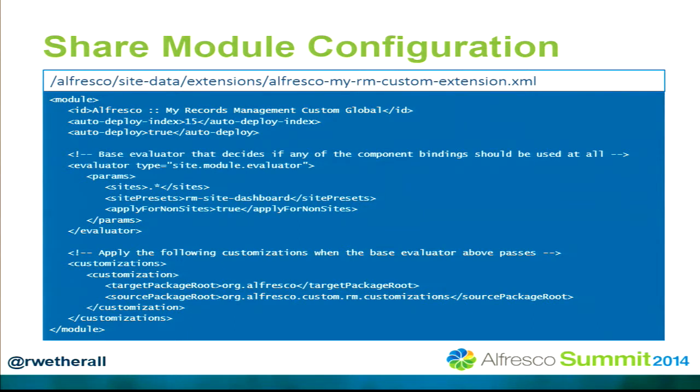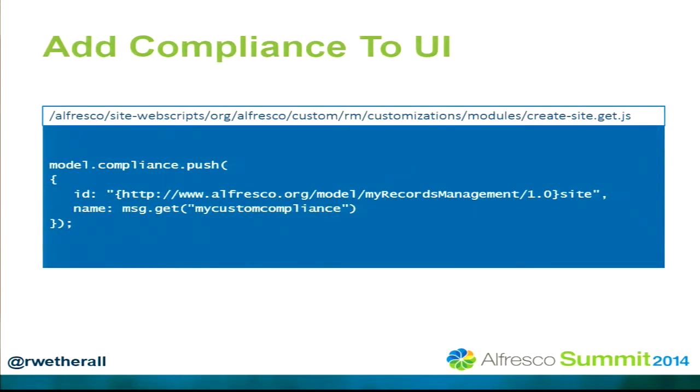Now what that means is that in our RM customization, we can add a create-site.get.js, which effectively overlays the core one, but gets run in addition because of that module customization we've done.